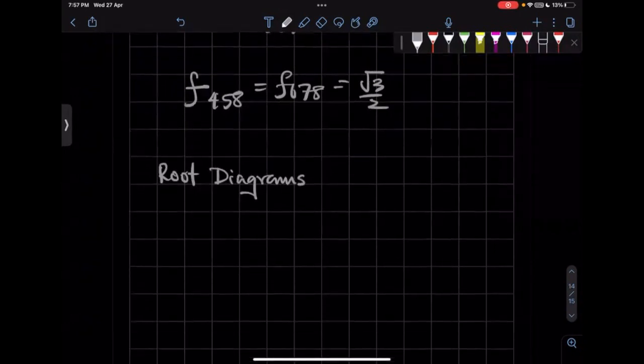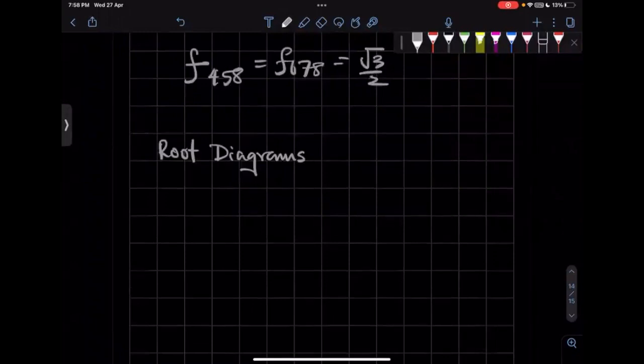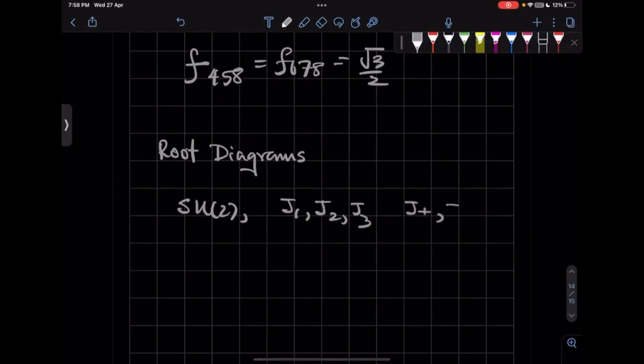So root diagrams are essentially the diagrams that encapsulate the Lie algebra. For example, for SU2, remember that we rewrote the three generators J1, J2, and J3 in terms of J plus, J minus, and J3.